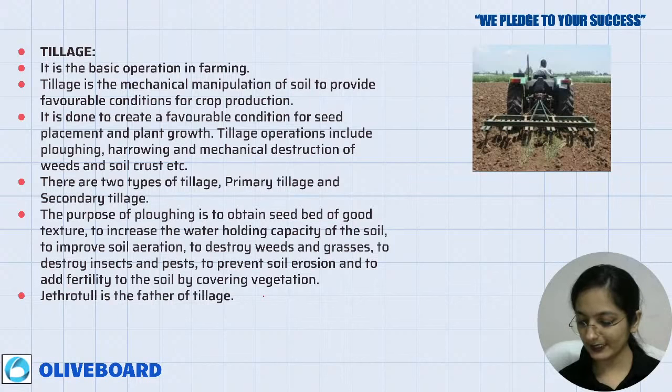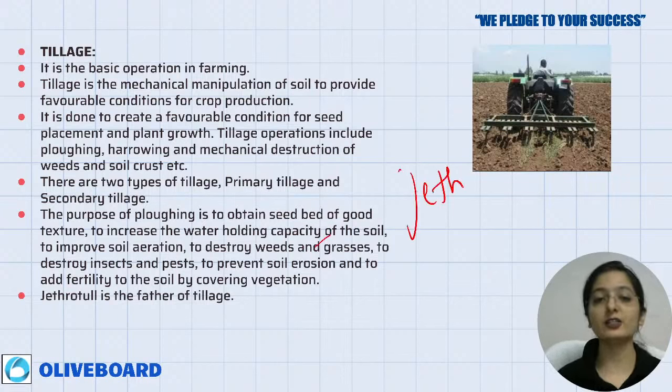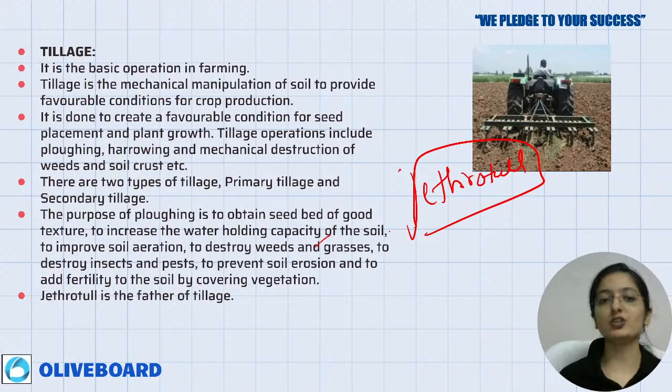It is written in front of you, and please do remember, the father of tillage is Jethro Tull. So you need to remember the name if asked in the objective type questions.